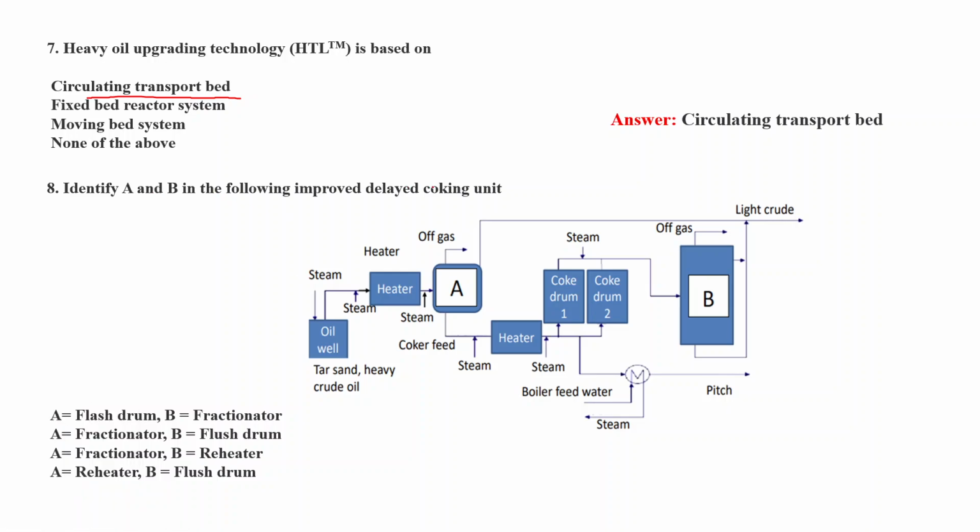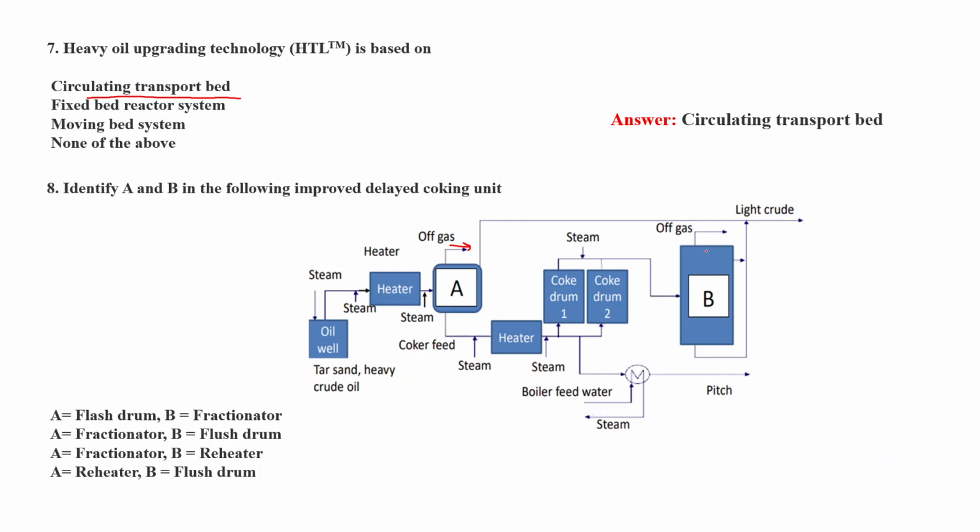Identify A and B in the following improved delayed coking unit. So after heating, it is sent here, which is the flash drum. As we can see, off gas is coming out here, and this is the fractionator.